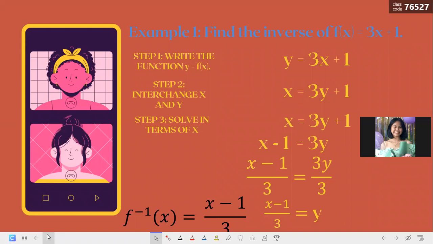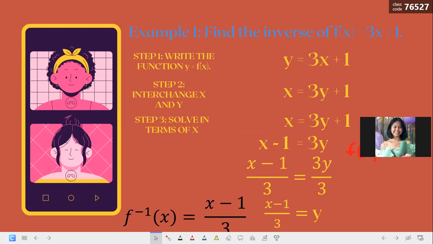And you can check whether the solved inverse function is a correct inverse function. Paano natin siya i-check from the original one? Di ba, pag sinubstitute na natin, this is for checking lang ha. We have f of x equals, replace the x by the value of your inverse function.